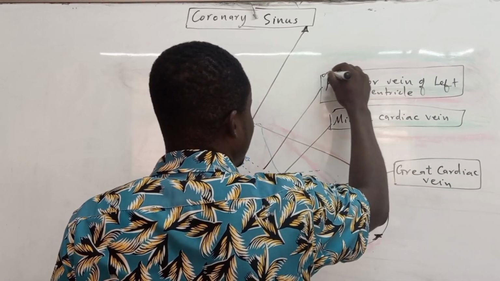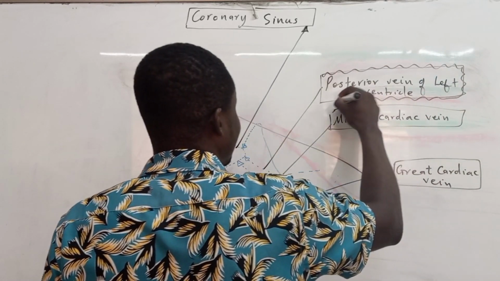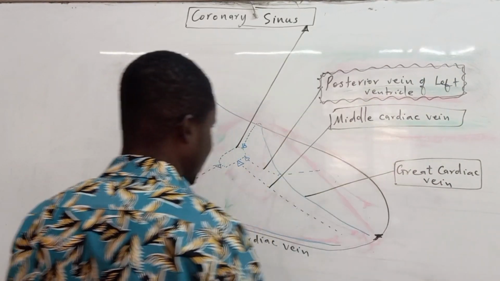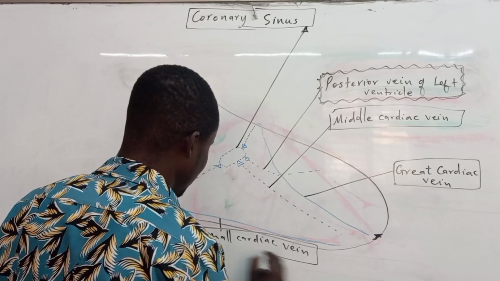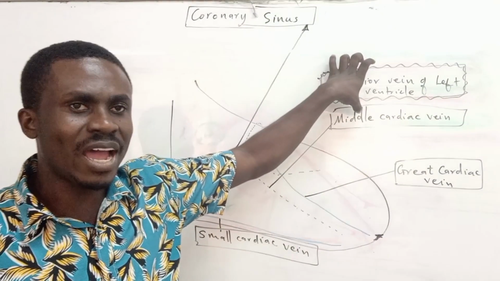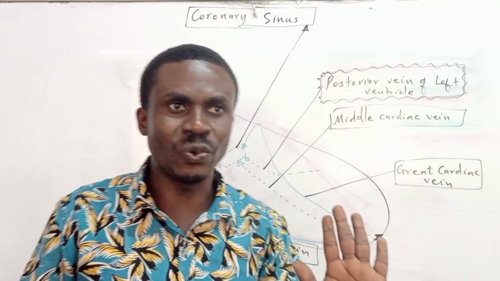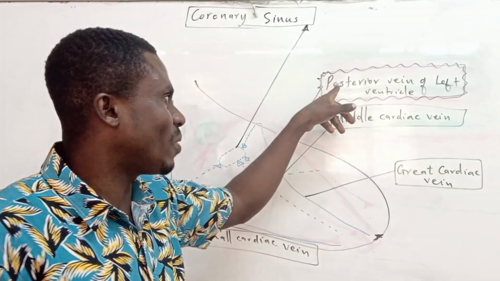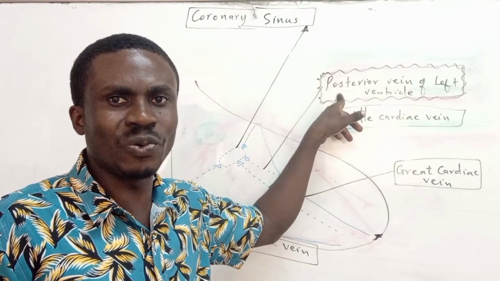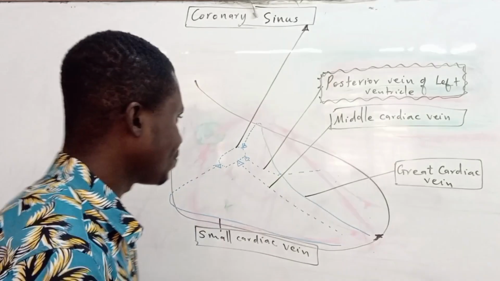Now let me use a different color to highlight this vein. Small cardiac vein, let me put you in brackets in this box. This one, which I've highlighted in a different color, doesn't run with a special artery. So that's why I don't want to ask you which artery accompanies this one. It doesn't run with any major artery, so we just keep it that way.